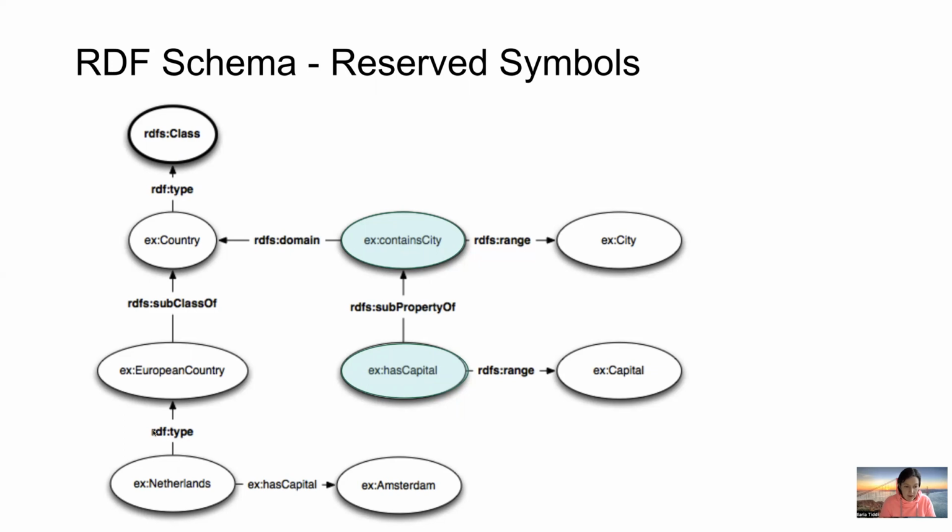If we define rdf:type, this means that this is a class and this is an instance. And this class, European country, is a subclass of another class. So subclass of can only be used between classes. You can never use subclass of between an instance and a class, or between an instance and an instance.